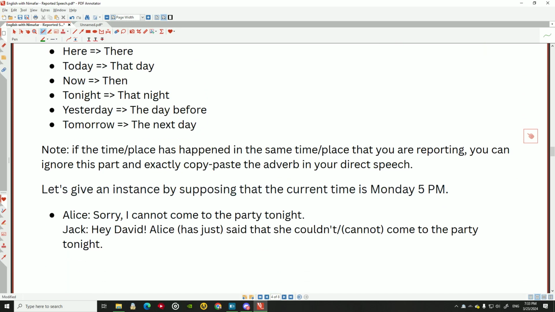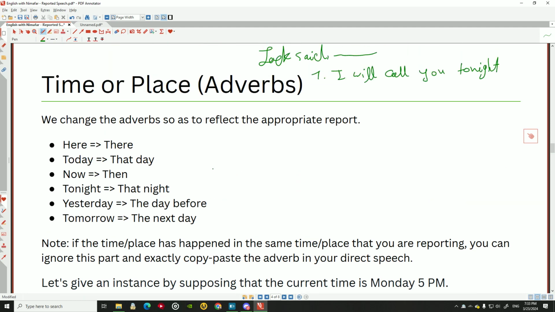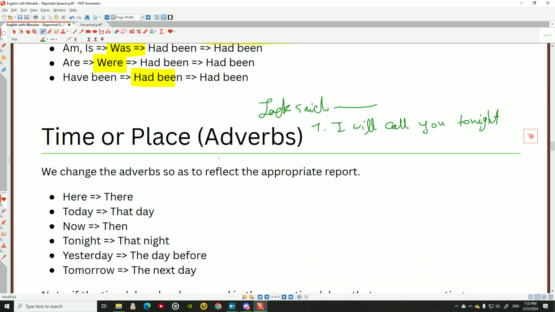So let me also do another one. Let's go with this one. For example, I am playing, I don't know, CS2, the new game, for example, right now. I am playing CS2 right now.